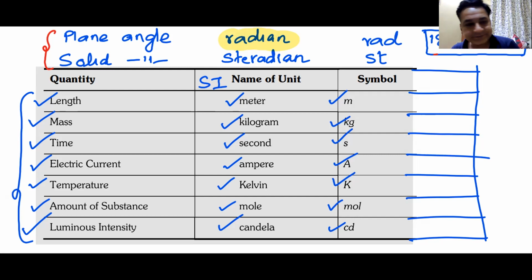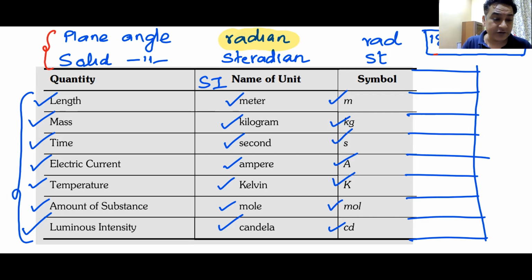Any other guesses? Remember what is the name of this chapter? Units and dimensions. Sir, dimension formula, sir. Dimension is going to come in the 4th column.